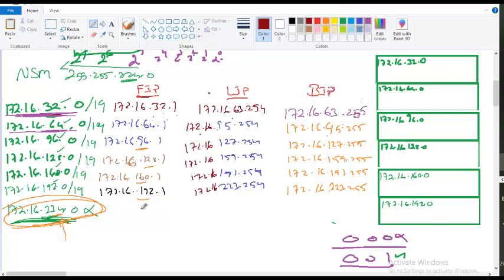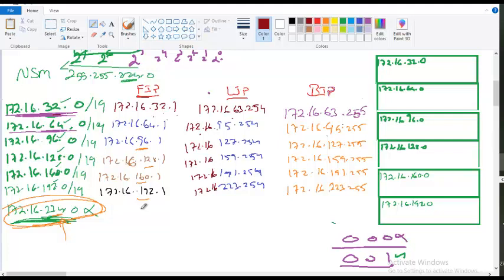So that's your first network, and then your next network is 172.16.32.0. See, you're saying after subnetting, right? After subnetting. Yeah. Okay.